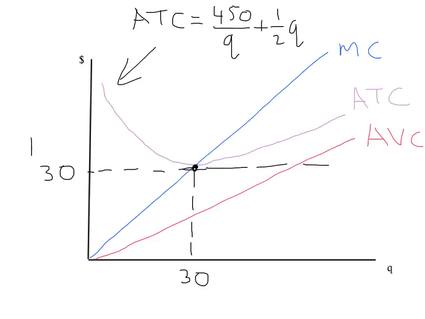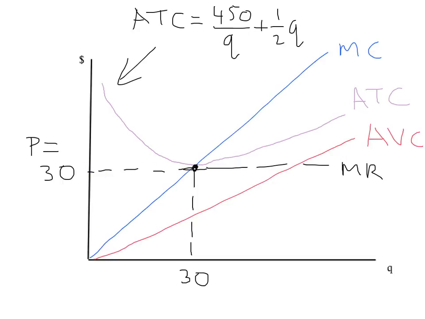If the price was equal to $30, so that was also our marginal revenue and our average revenue, then in the short run, if the firm wanted to produce, it would produce where marginal revenue and marginal cost intersect, at a quantity of 30. Its average total cost would be 30. Its price would be 30.